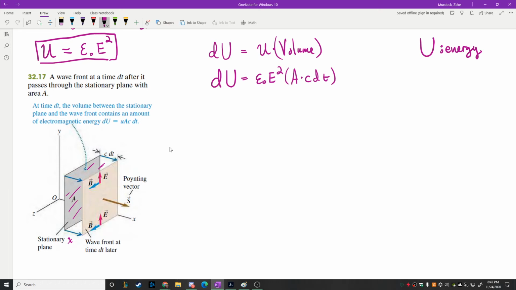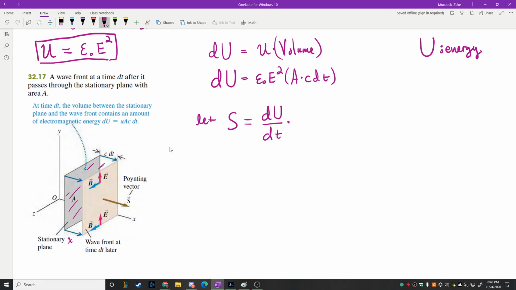It's the energy that passes through A in the time dt. So, because we're interested in a kind of intensity here, we're going to let the symbol S be equal to the rate of change of the energy, the rate at which the energy is flowing, dividing the dt to the left-hand side.